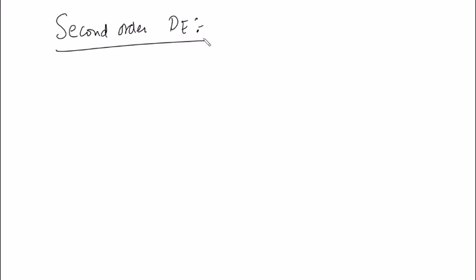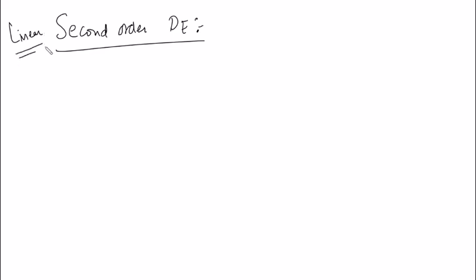And in second order also, firstly we will have our focus on the linear ones. The non-linear ones will come later. The first part of the chapter is going to focus on second order differential equations, but the linear one, not the non-linear one.